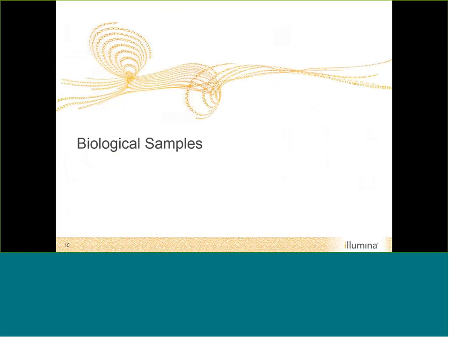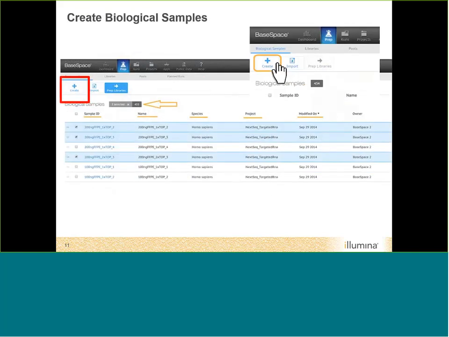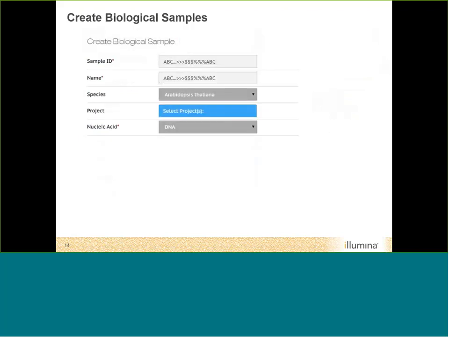So let's look at biological samples in a little bit more detail. You can create biological samples individually, or you can import them from a CSV file. So let's try creating one biological sample. You say create, and this takes you to another page where you enter your sample ID, sample name, species, project, and the nucleic acid, whether it's DNA or RNA.